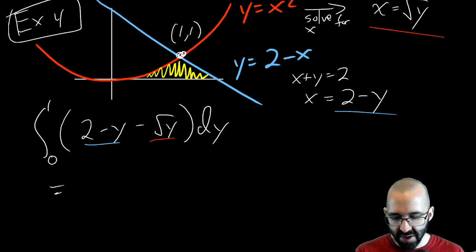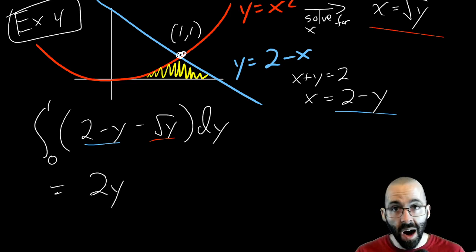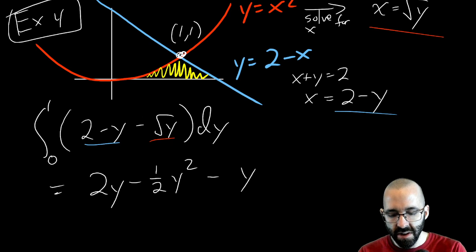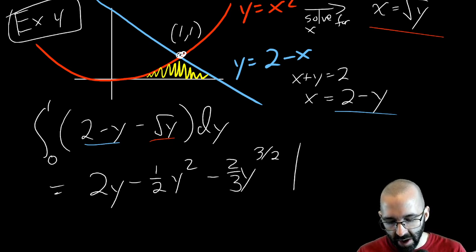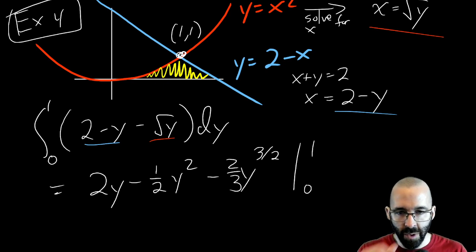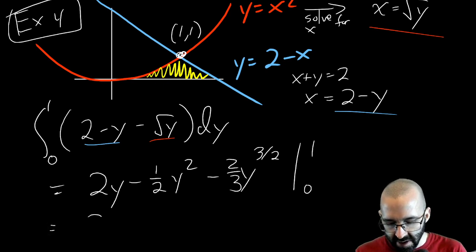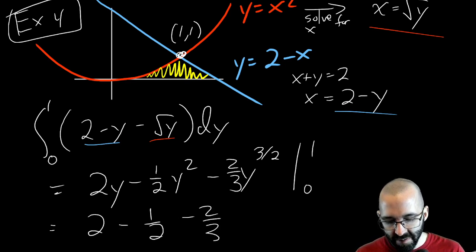So the antiderivative is going to be 2y, because our variable is y, minus 1/2 y squared, that's the power rule. This is y to the 1/2, add a power, divide by that power, all evaluated between 0 and 1. So we get 2 minus 1/2 minus 2/3 when we plug in 1.